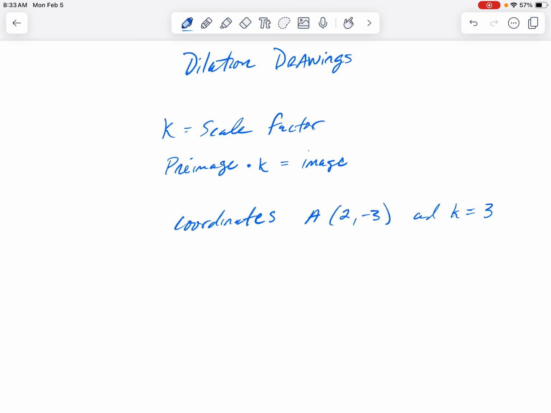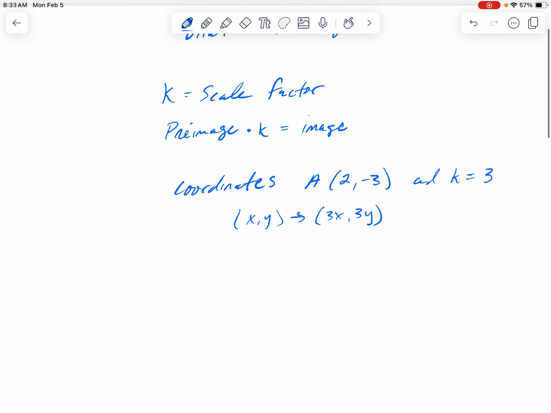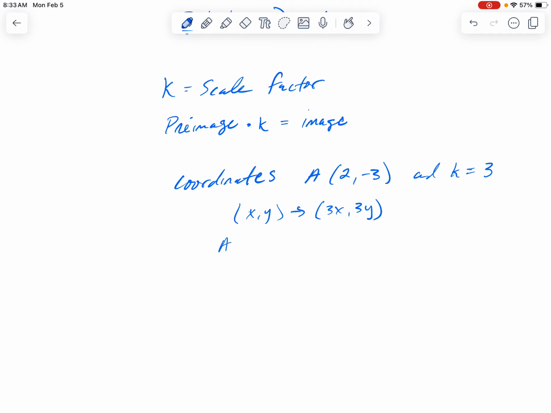So our rule for this dilation would be (x, y) goes to (3x, 3y). So that point A, which is at (2, -3), would go to 2 times 3 is 6, -3 times 3 is -9. Okay, so that's where that point would end up after this dilation.